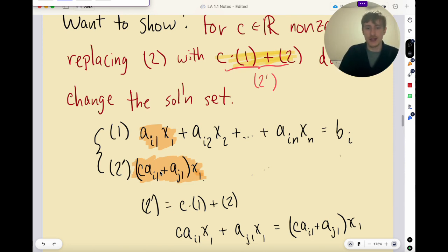Okay, and you can imagine that all the terms are really going to look just like that. So what is the second term going to look like?